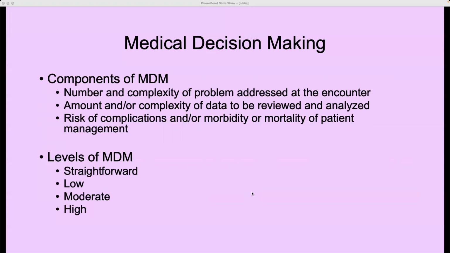The amount and complexity of data to be reviewed: what information does this physician need to collect in order to select a diagnosis or a management plan. And then the risk of complications and morbidity or mortality of patient management: how risky is the treatment, how complicated is the treatment? So again, the levels of MDM are straightforward, low, moderate, and high.